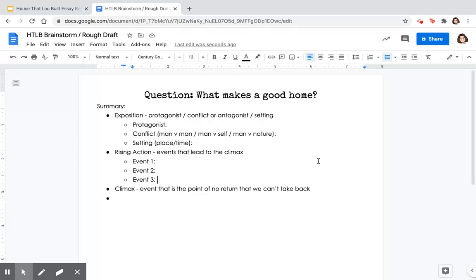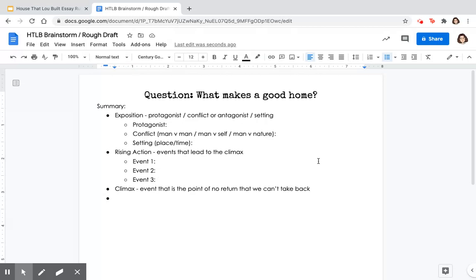So what is an event that happens in The House That Lou Built that changes Lou's life forever, or from what we know in the book, and what led her to that life-changing event?